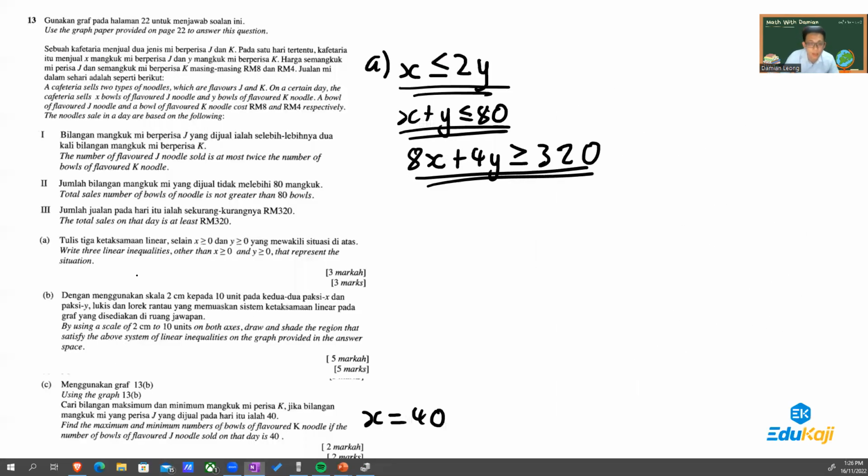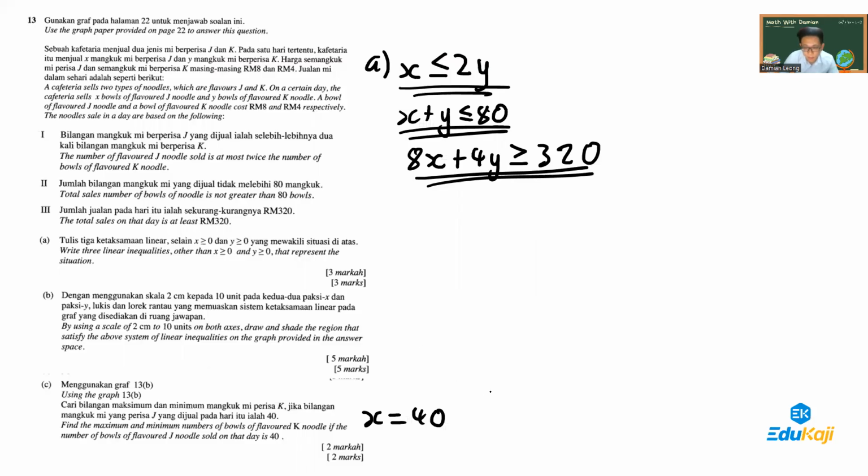Which means for Y, minimum is 20, maximum is 40.